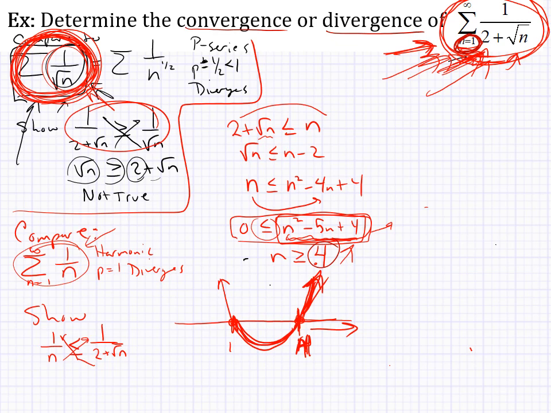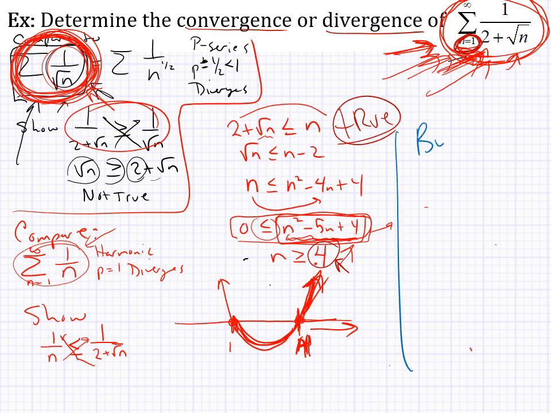So as long as this inequality holds at some point, then we can use this comparison test. But again, here's the downfall with the direct comparison test: this inequality business is not an easy thing to do. So anyway, let's finish this off.